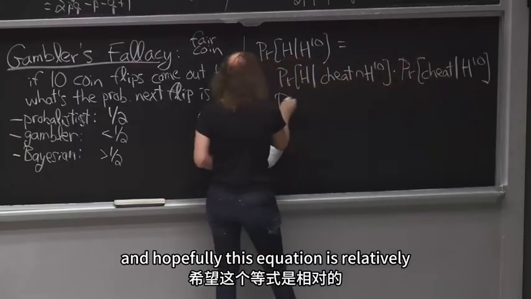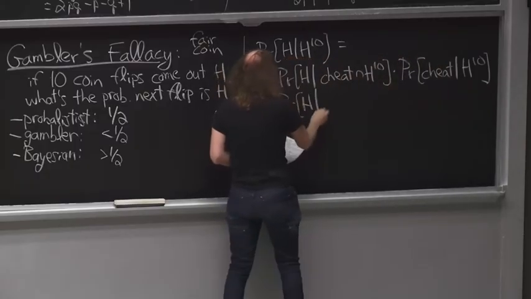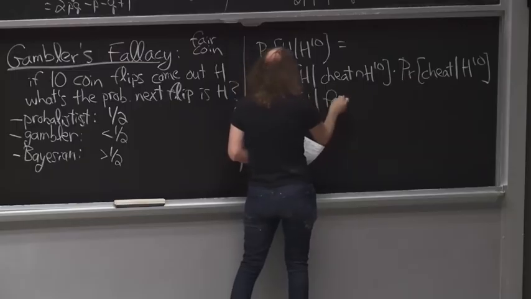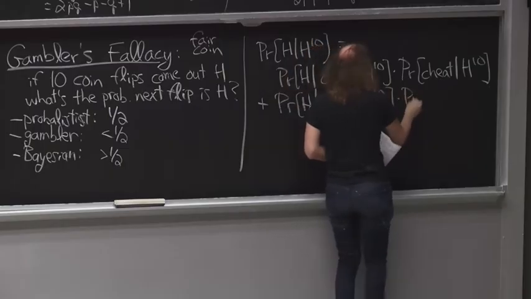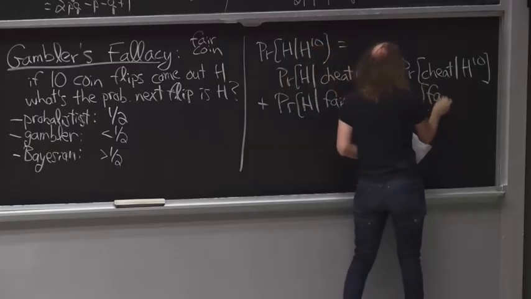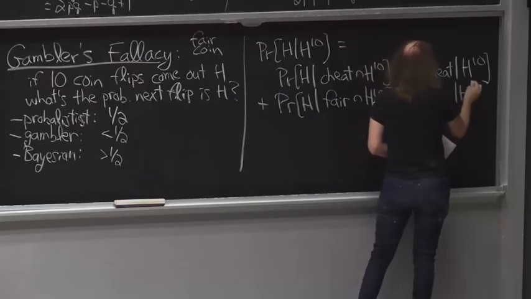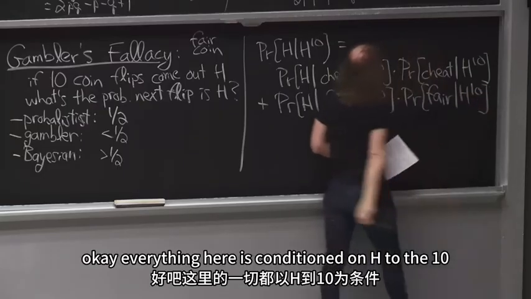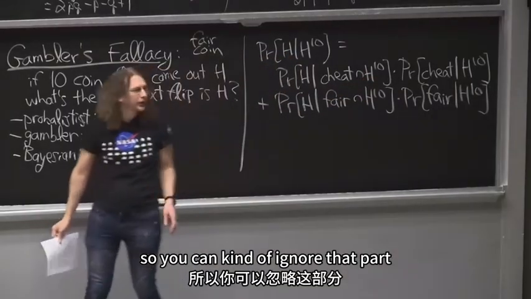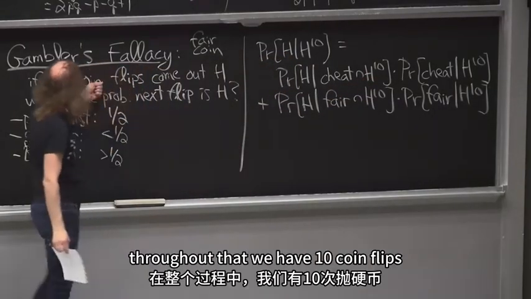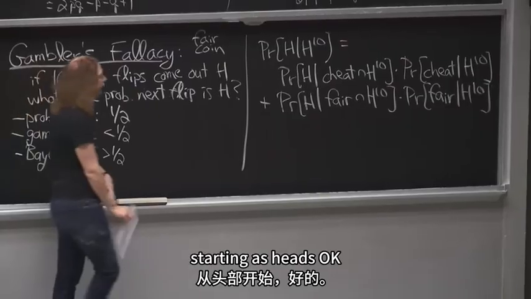And hopefully this equation is relatively obvious. It's just a mouthful. Everything here is conditioned on h to the 10, so you can kind of ignore that part, because we're assuming throughout that we have 10 coin flips starting as heads.